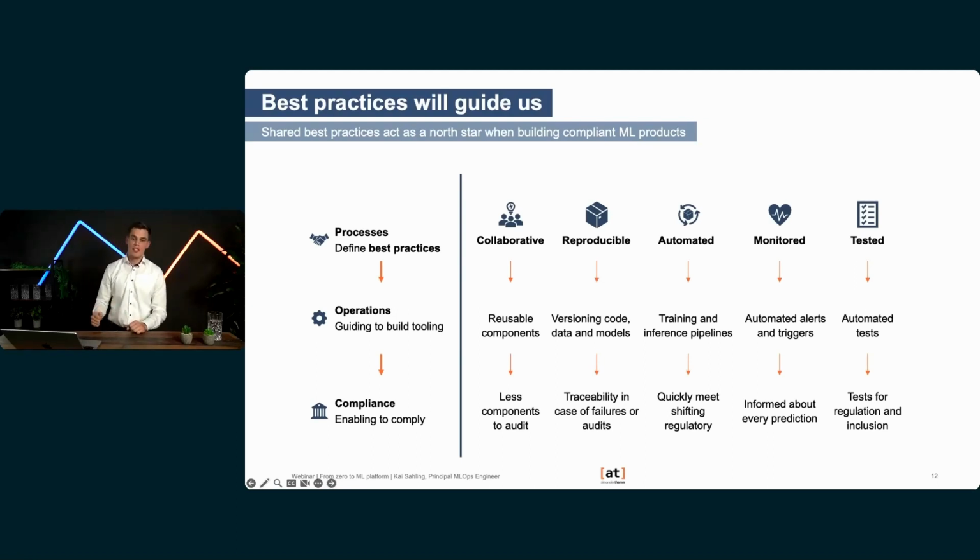It doesn't matter if it's internal requirements or external, like maybe the upcoming European Act on AI. Monitoring, of course: if you're informed about what's going on, you know that something went wrong and you can trace that back. And the tests, as I said, you might want to set up tests for inclusion.